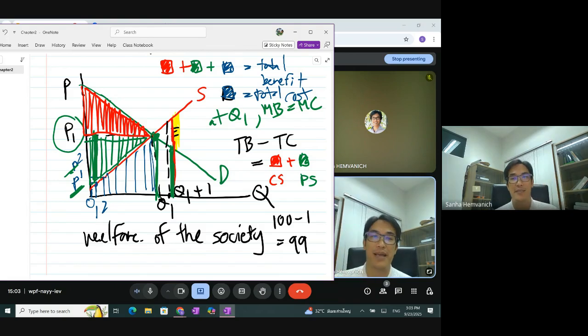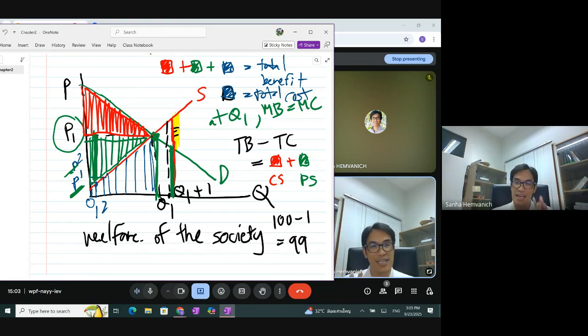Social welfare is maximized. But why maximized? Because now the net benefit is the highest. If you produce one more unit, the marginal benefit is lower than the marginal cost. So you're going to have a negative benefit, and adding it to the existing total benefit, you're going to have less, like I showed you just now: 100 minus 1 is 99. So you're not maximizing welfare then. That's why you have to stop at Q1, at the equilibrium.